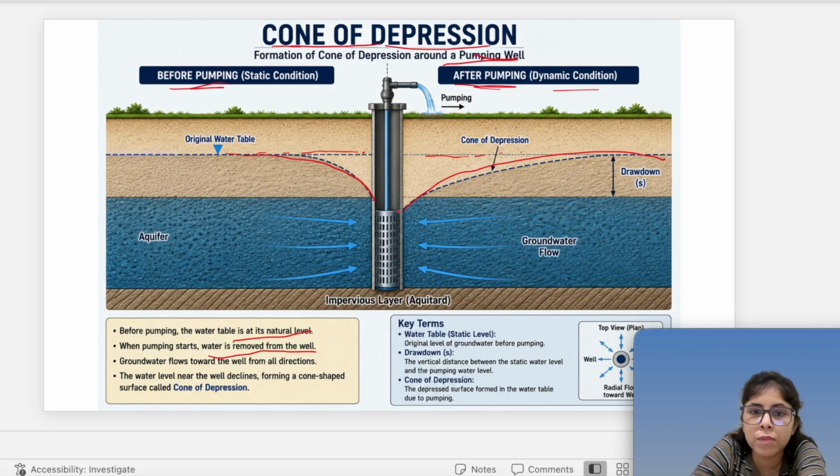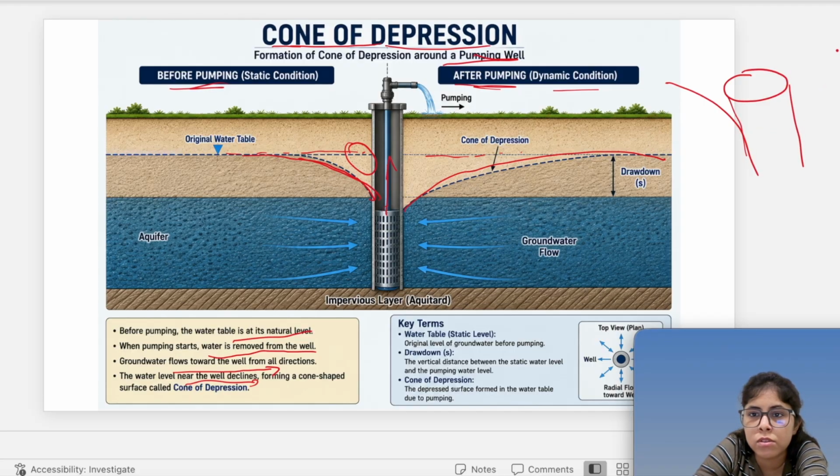water is removed by the pump. So the water which is coming into the screen is removed by the well, and now groundwater flows towards the well from all directions, and then the water level near the well declines. So first it will use the water near the well, right? So the water level near the well declines, and it forms a cone shape. So if we see it in 3D, it will be forming a shape like this. This is the well, right?